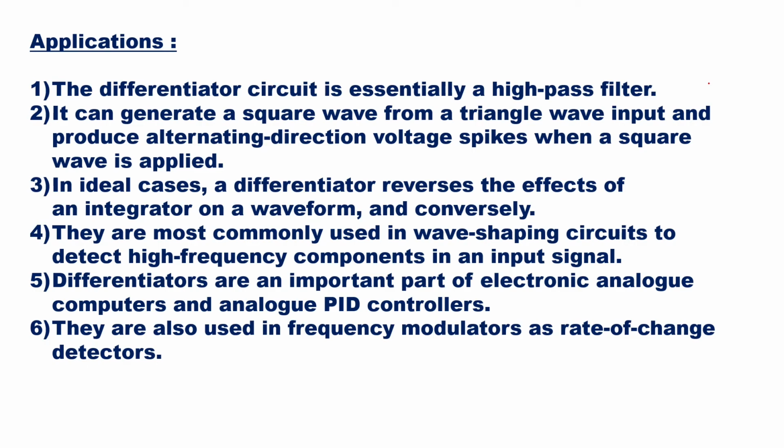They are most commonly used in wave shaping circuits to detect high frequency components in an input signal. Differentiators are an important part of electronic analog computers and analog PID controllers. They are also used in frequency modulators as rate of change detectors. So these are a few applications we can note about a passive RC differentiator.